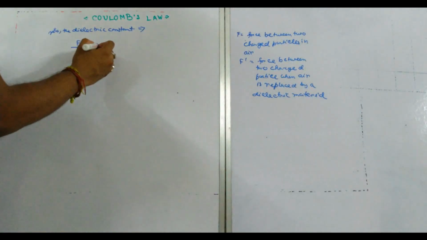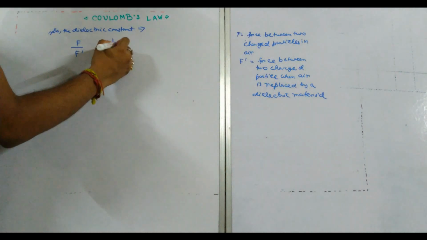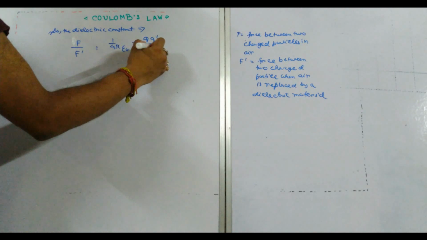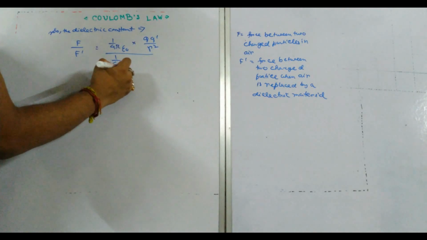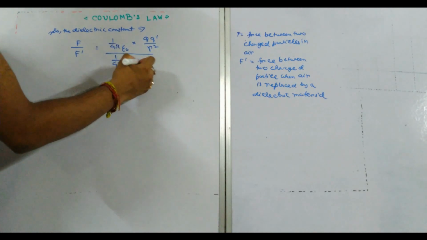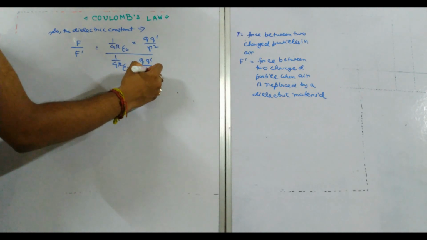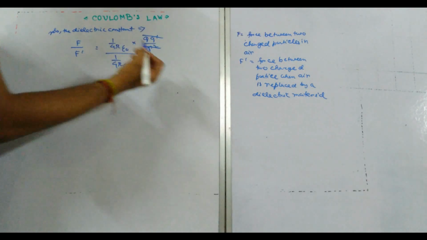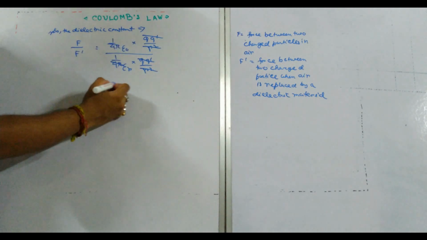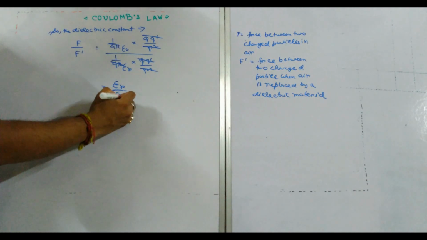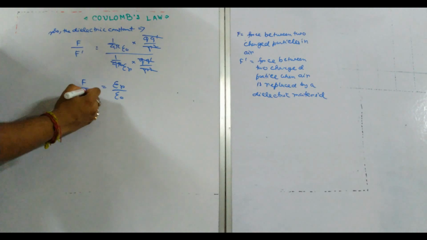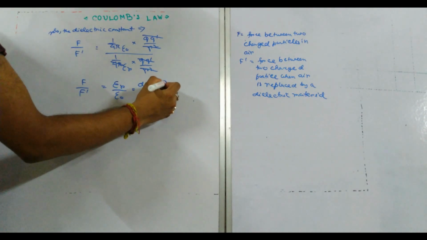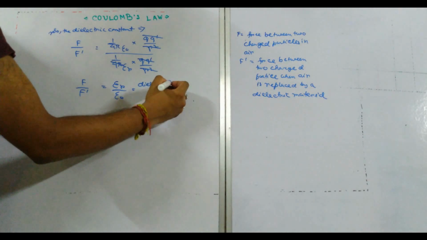So it looks like 1 by 4 pi epsilon naught into Q Q dash by r square divided by 1 by 4 pi epsilon r into Q Q dash by r square. Simplifying the whole equation, we get epsilon r by epsilon naught, that is the dielectric constant.